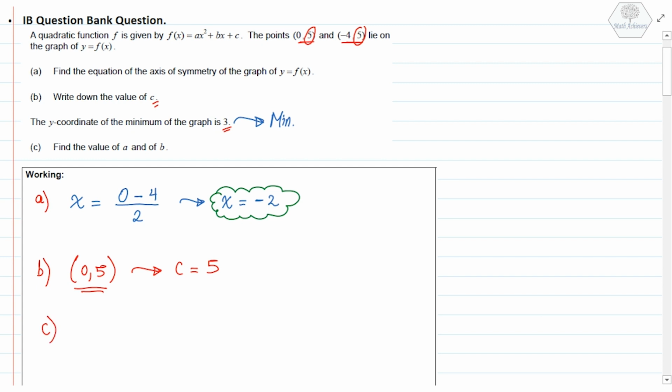The first thing, the y-coordinate of the vertex is 3. And the x-coordinate of the vertex, we found in part A, is minus 2. So I know that I have the point (-2, 3). Also, we know another point which is (-4, 5).